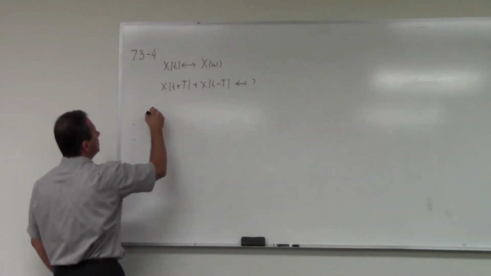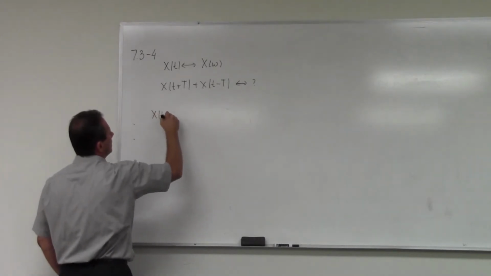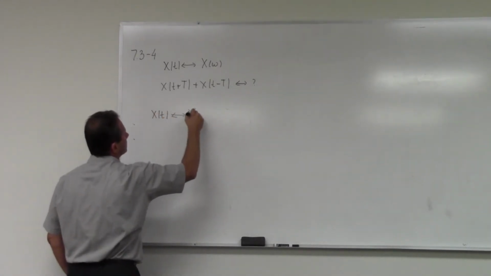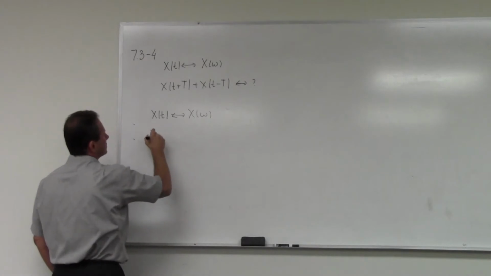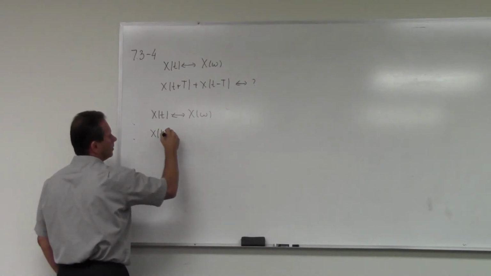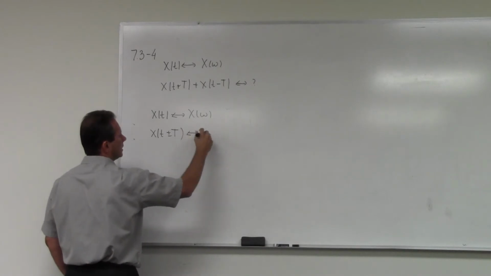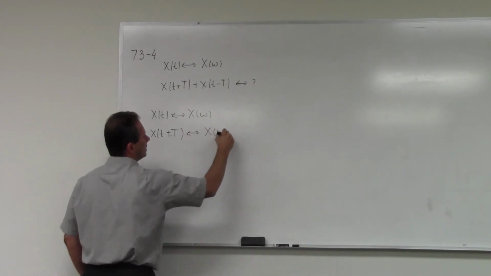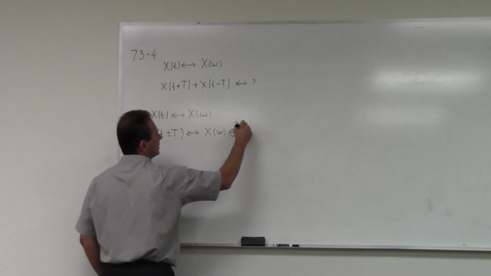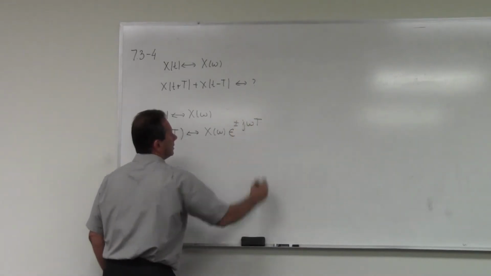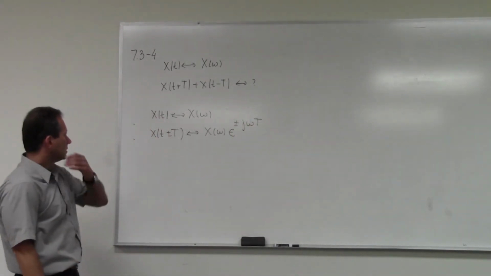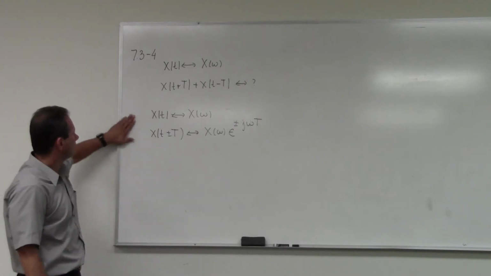If we already know that if x of t has a Fourier transform x of omega, then x of t plus minus any tau, or capital T, has a Fourier transform x of omega e to the plus minus j omega capital T, right? This is called the shifting property of the Fourier transform.